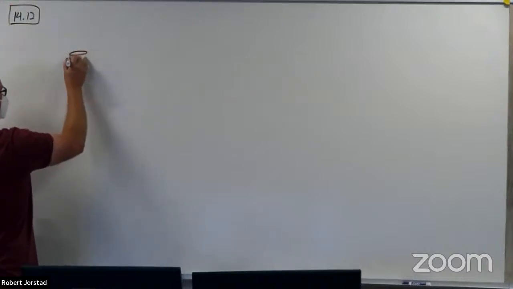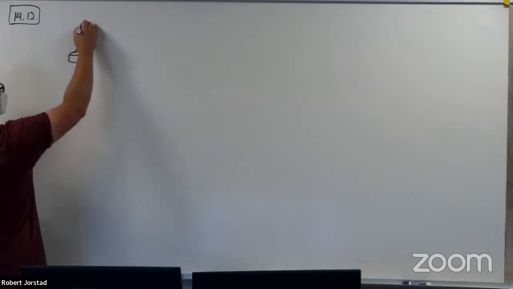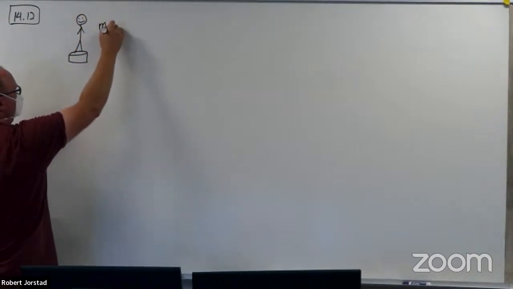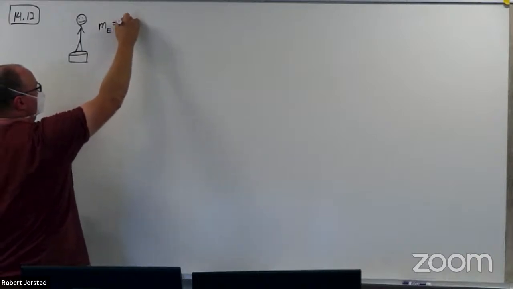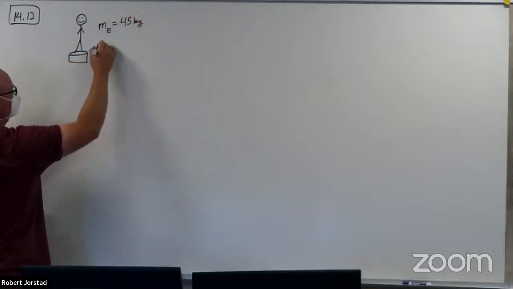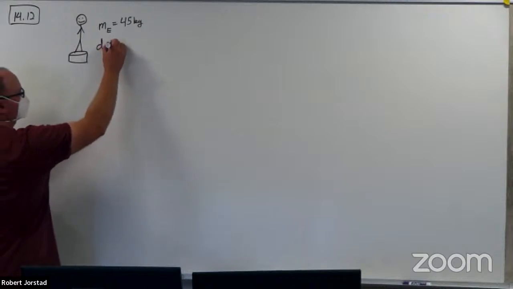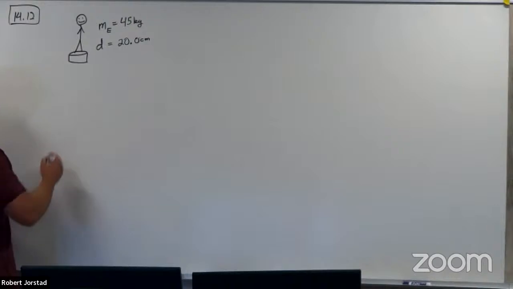We're going to have a small diameter piston. There's going to be Esmeralda standing on top of here. The mass of Esme is, what did I say? 45 kilograms. This piston, I'm going to use a lowercase d. The small diameter piston is what, 20.0 centimeters, right?